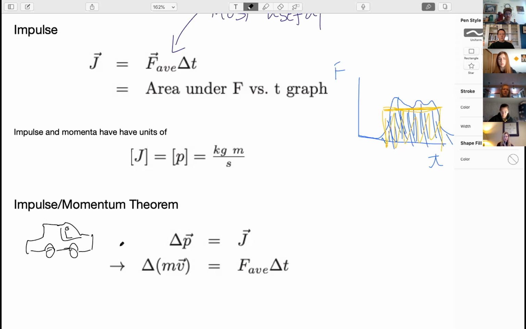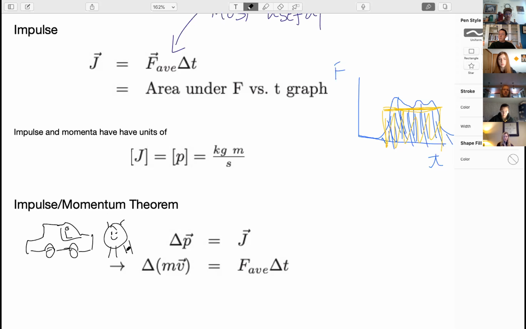I don't know, there's a cow. In physics, we always talk about spherical cows with horns. Okay, so you could have a cow or something. So the car is going to hit the cow. Stuff's going to happen. Okay, you could try to use the impulse and momentum theorem and apply it to this car.